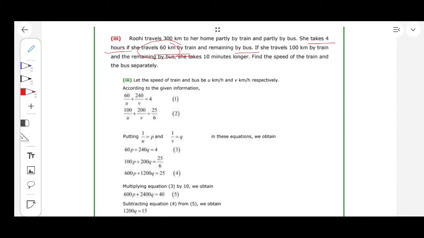We are given that she covers some distance by train, 60 km. The distance is x, and we consider x1 upon u by train, the speed of the train being u, plus the remaining distance.